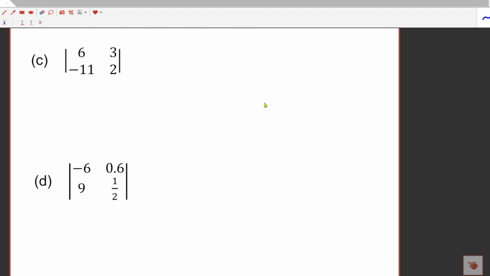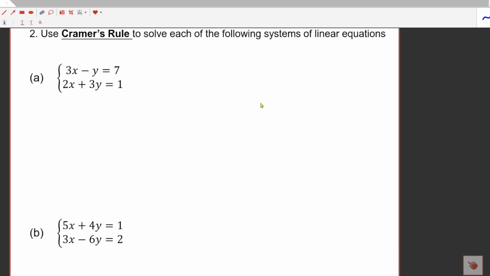Alright, then question 2, the first one. Question 2 asks you to find the solution to each system using Cramer's rule. First of all, we need to calculate this determinant, which consists of the coefficients here: 3, -1, 2, and 3.